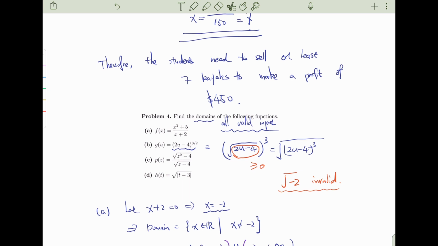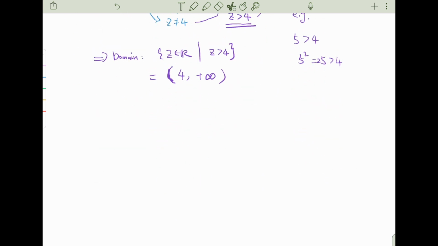h(t) equal to square root. What is underneath is the absolute value. So let me remind you what absolute value does here. Absolute value is a function which will just take the magnitude of the input, and it always outputs a non-negative thing.